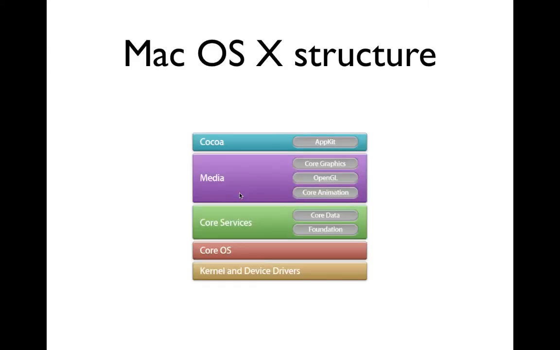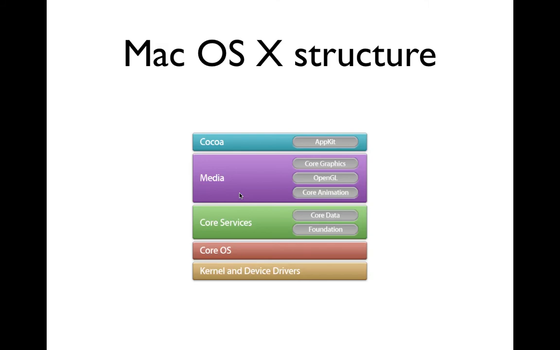So the operating system Mac OS X has multiple layers, and each layer is represented as a framework we can use in Objective-C and Xcode. The two layers we work with most of the time are, at the lowest level, the Foundation. Now the lowest, of course, without touching the core operating system and the kernel of the operating system.